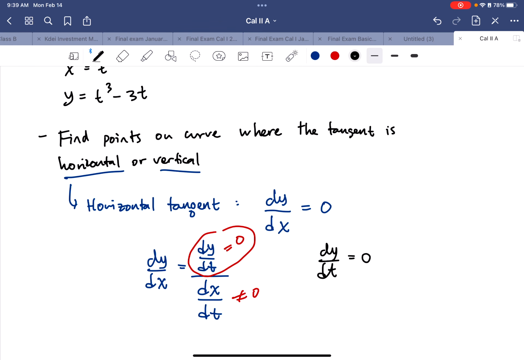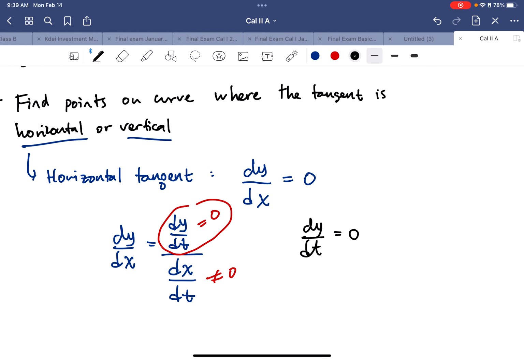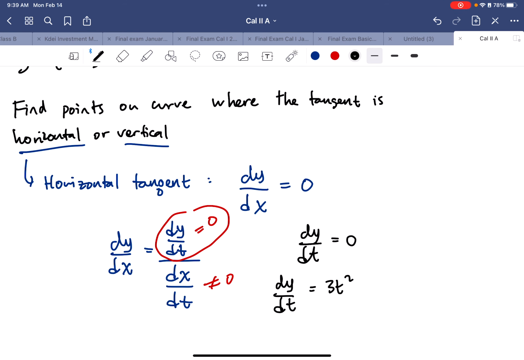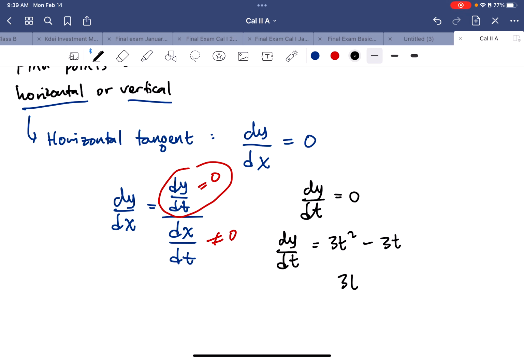So from our equations, we have dy over dt is 3t squared minus 3. At t equal to 1, the expression will be 0, dy over dt is 0.